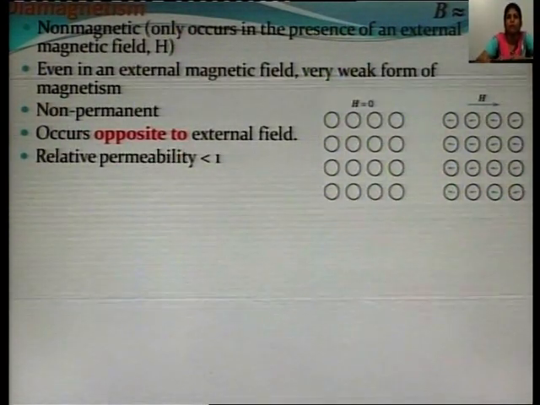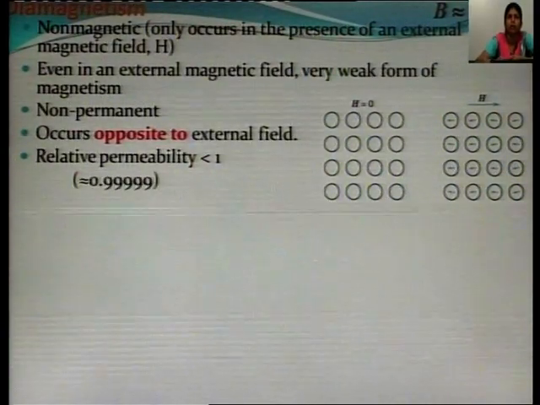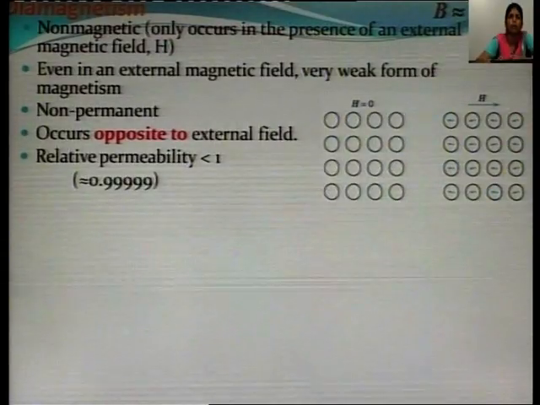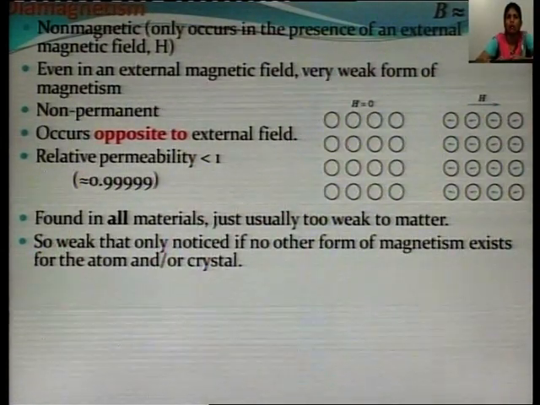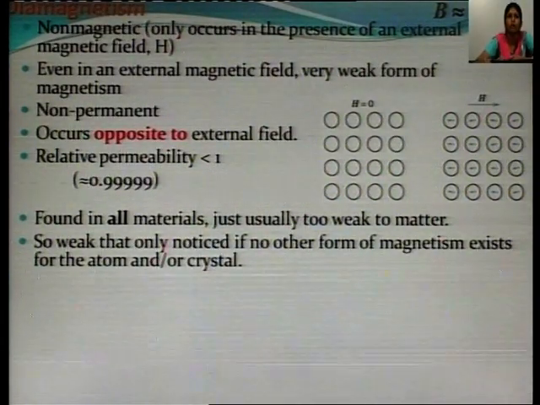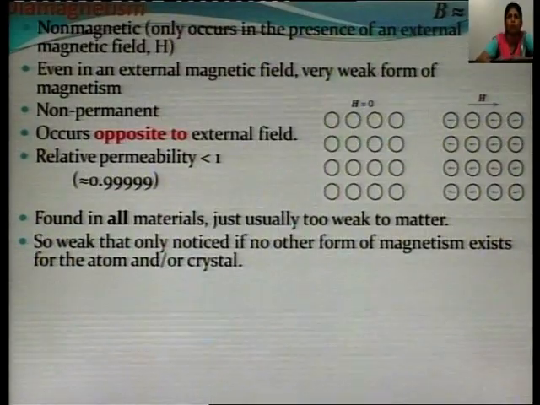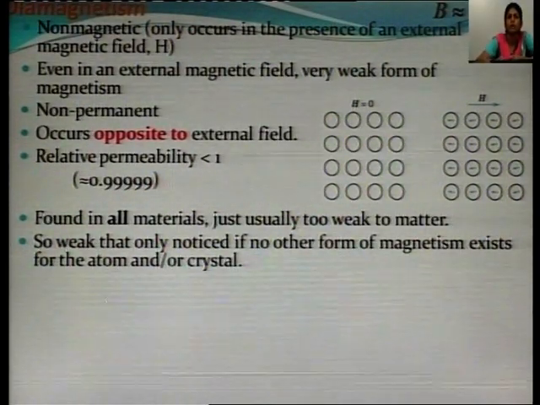Now, for the diamagnetic material, permeability is always less than 1, approximately 0.999. It is found in all materials. Now, these effects are so weak that they are only noticed if no other form of magnetism exists for the atom or any crystal.